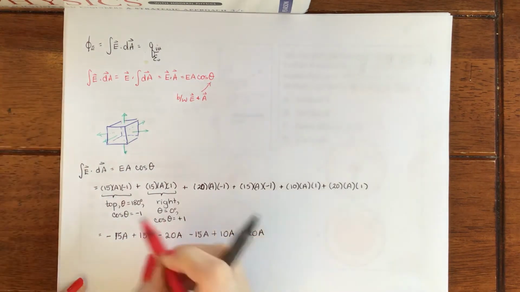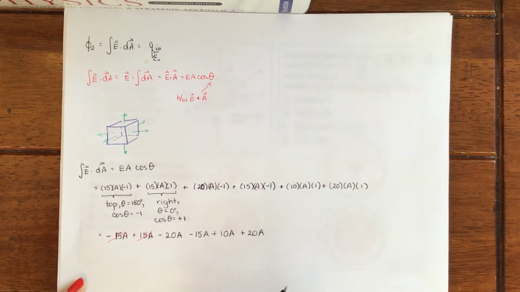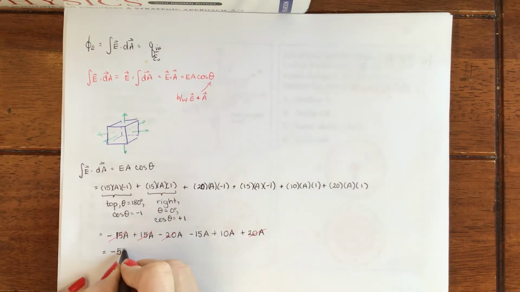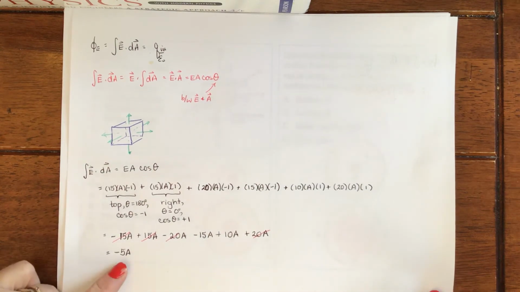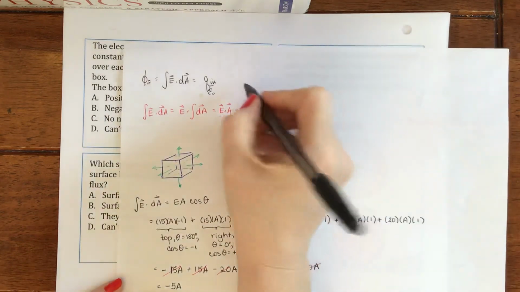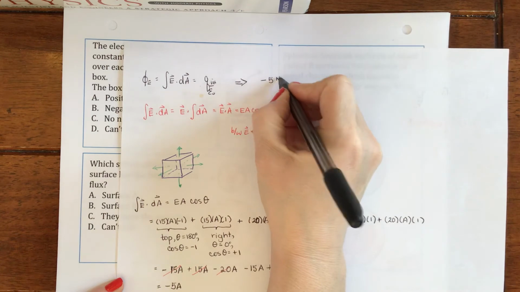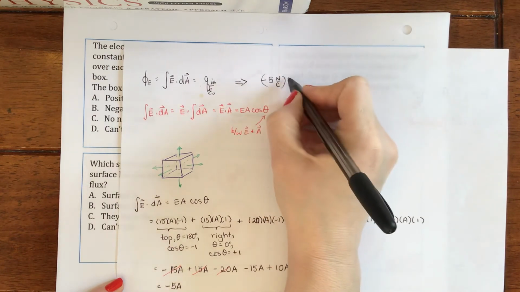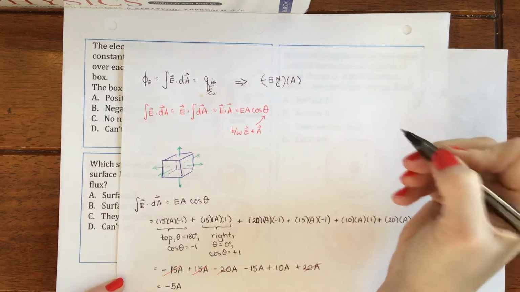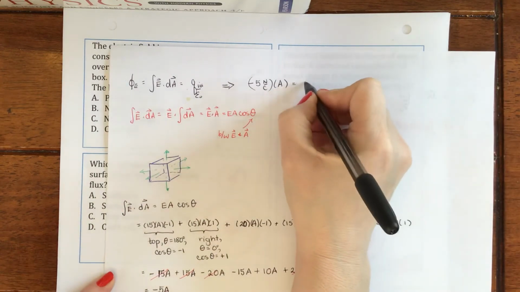Minus 15 plus 15 is 0, minus 20 plus 20 is 0, minus 15 plus 10 is minus 5. Minus 5 times the area, and that 5 has units of newtons per coulomb. So let's put this result in up here. Minus 5, why don't we just go ahead and put the units on there, newtons per coulomb times the area of any single face of the box equals Q inside over epsilon naught.